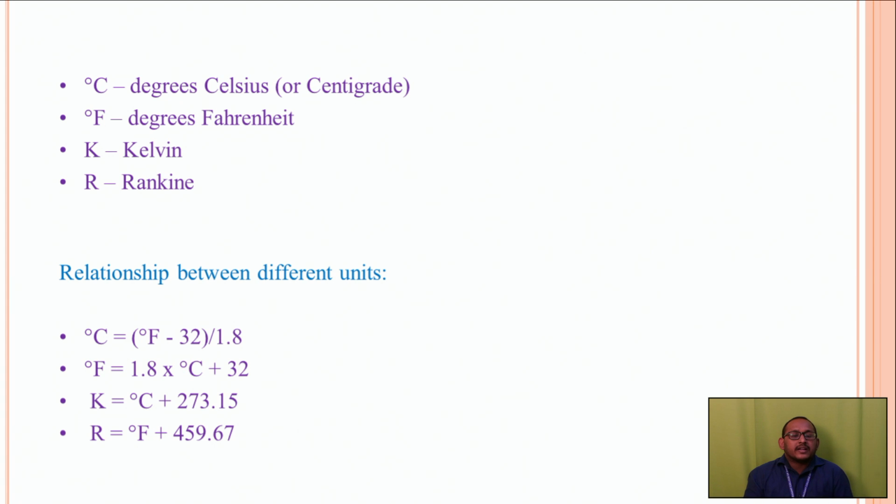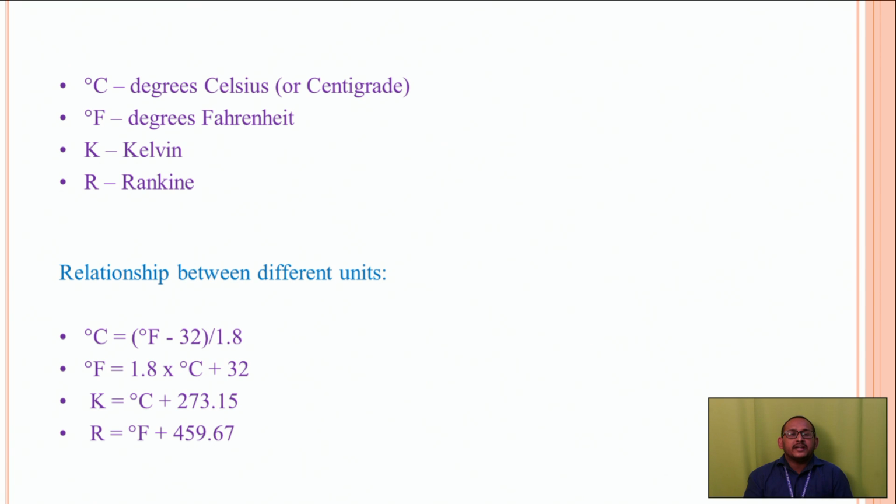To convert from Fahrenheit to degree Celsius, the formula is degree Celsius equals degree Fahrenheit minus 32, divided by 1.8. This is the formula for the conversion of Fahrenheit to Celsius.